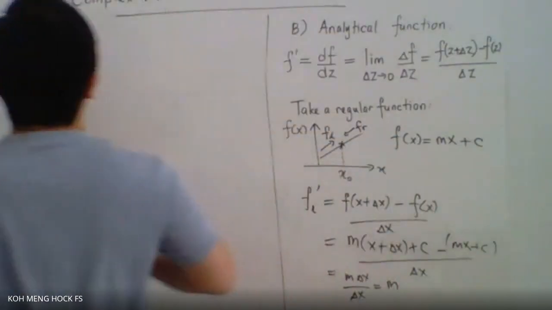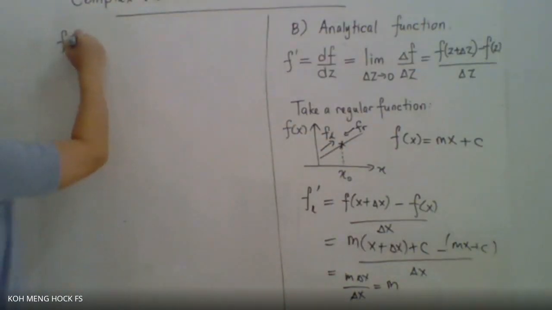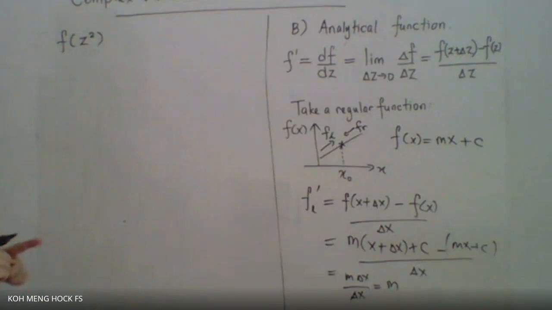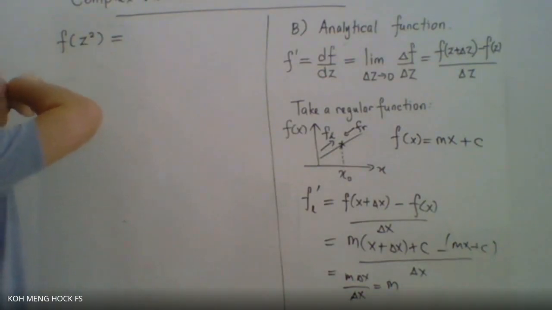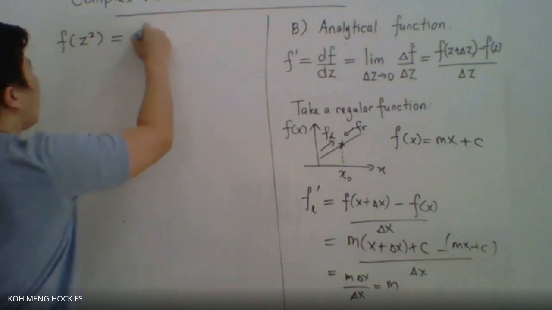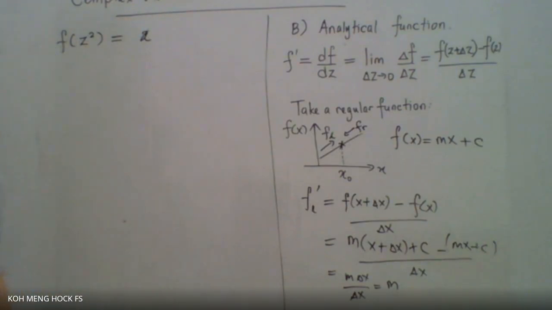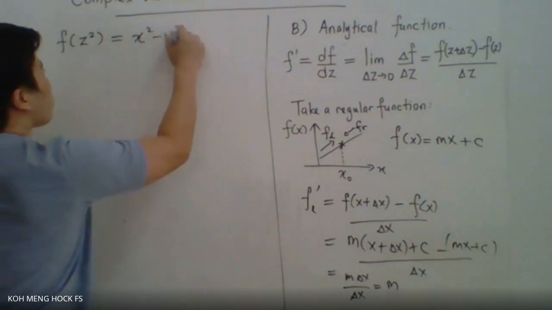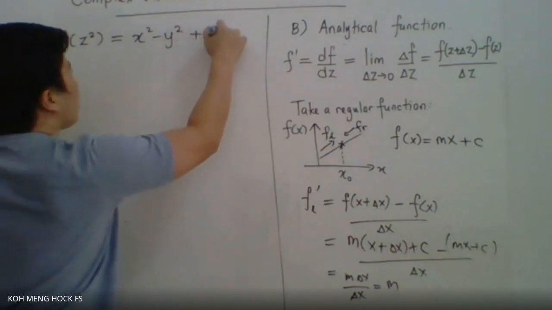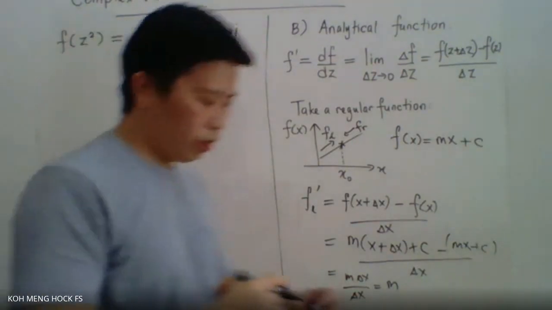So let's take, for example, now f(z) = z squared again. Tadi kita dah buat, kita kata ini sama dengan x squared minus y squared plus 2xyi. Right.